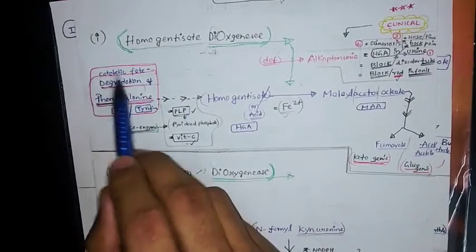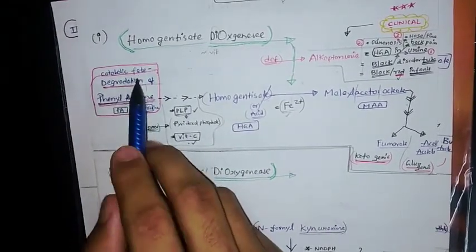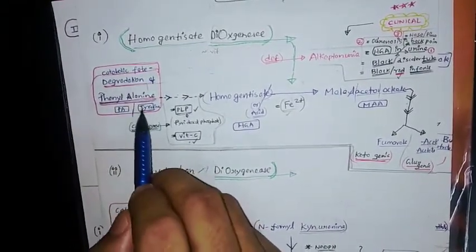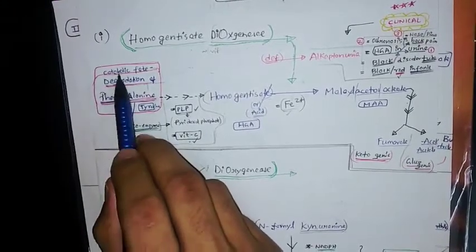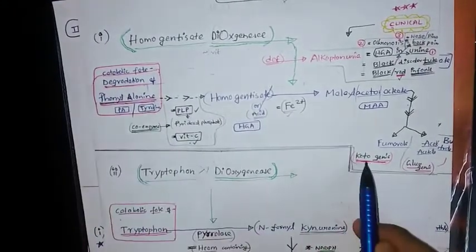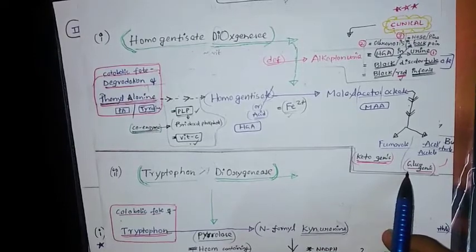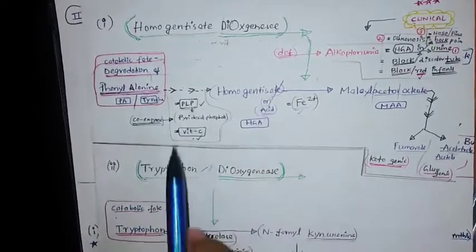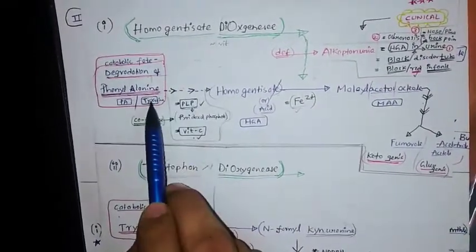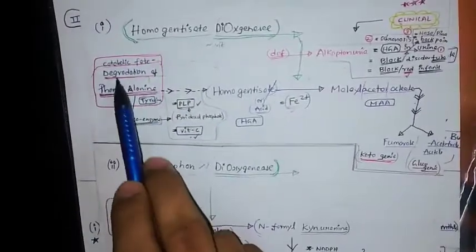Here, in the same tyrosine or phenylalanine catabolism, another product is also formed. We get the ketogenic and glucogenic fate. This is in the tyrosine catabolism.